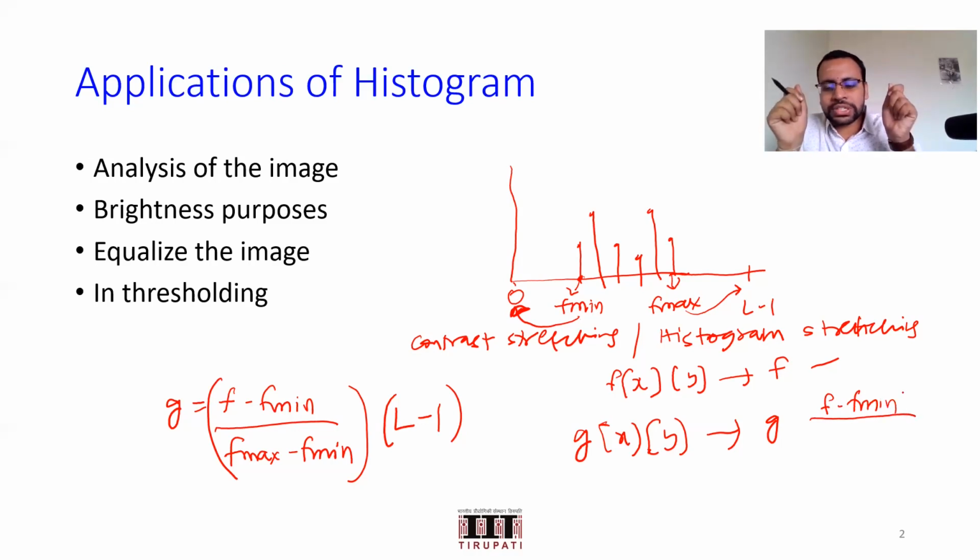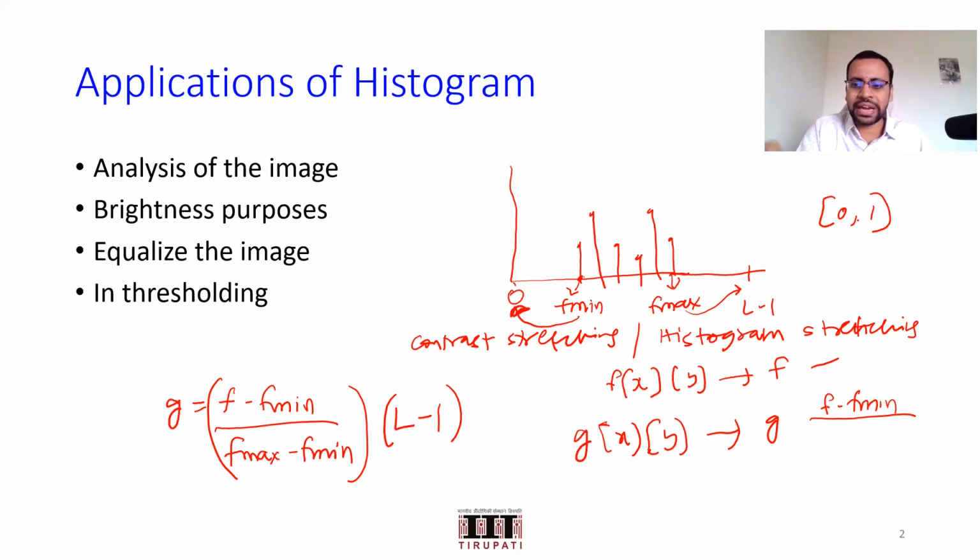Now you want to first normalize these values to the 0, 1 range. You are going to normalize it to the range of 0 and 1. Notice that from f, when you are subtracting F min, of course F max also gets subtracted by this F min. And now your range of values after this would be, initially the values are in the range F min comma F max.